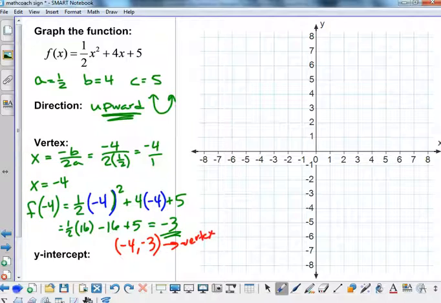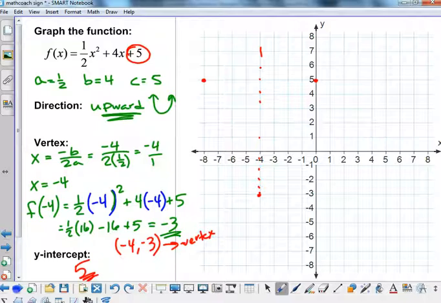And we can plot that. -4, -3 would be right about here. And our y-intercept is 5, which we get from C, right there. And we would plot that real quickly. So we know, based on our symmetry, that we have a point over here as well on the opposite side of the axis of symmetry.